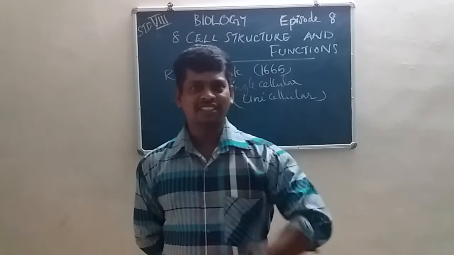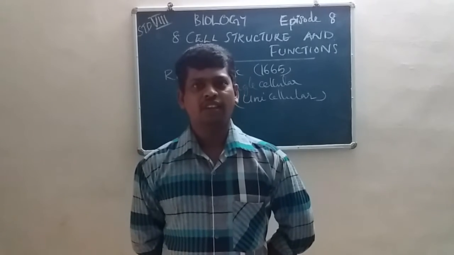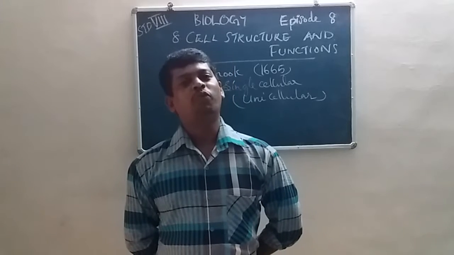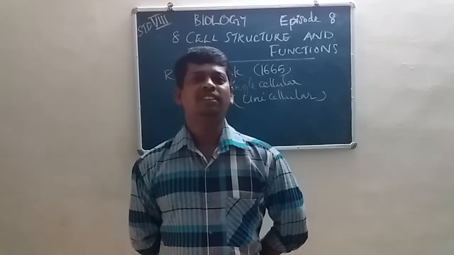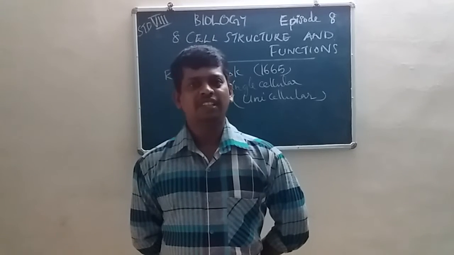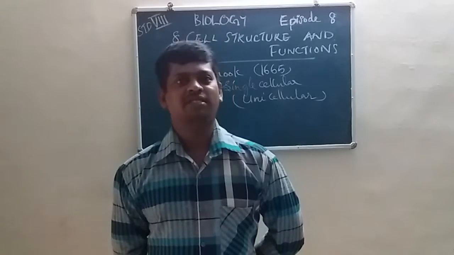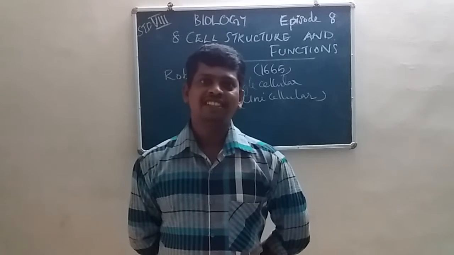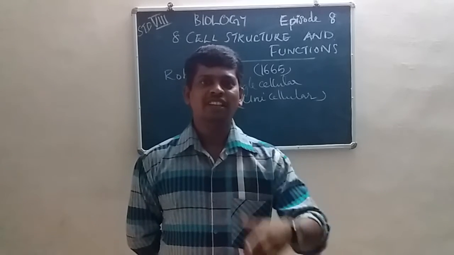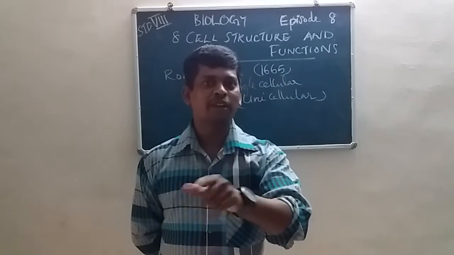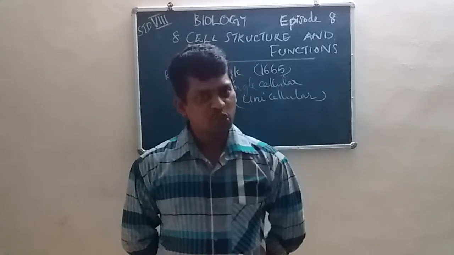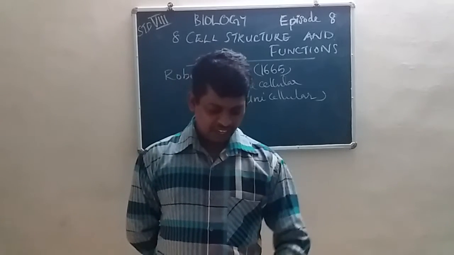I will give you the clue answer. Bacteria, virus, protozoan. Those are the main examples of unicellular organisms. And amoeba. Amoeba is a protozoan. Amoeba is an example of a protozoan. Okay.